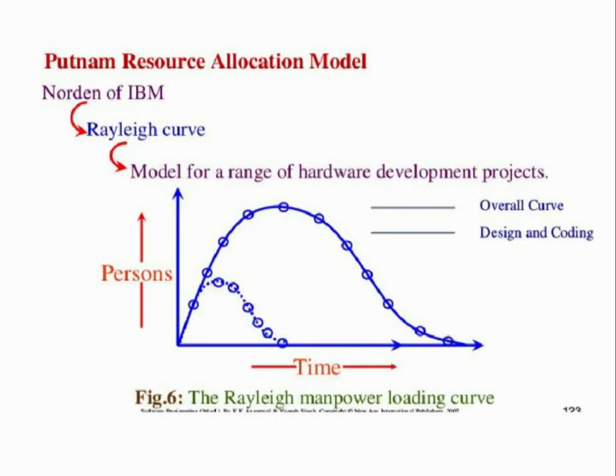After system testing, the number of project staff reduces till the product installation and delivery. In the Rayleigh curve, approximately 40% of the area is on the left and 60% is to the right of Td, the maximum effort time.